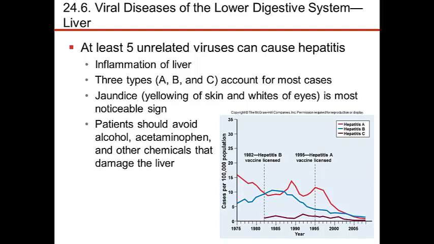All these human hepatitis viruses, hepatitis A, C, D, and E, are RNA viruses, except for hepatitis B, which is a DNA virus. All types of viral hepatitis produce clinically similar illnesses.